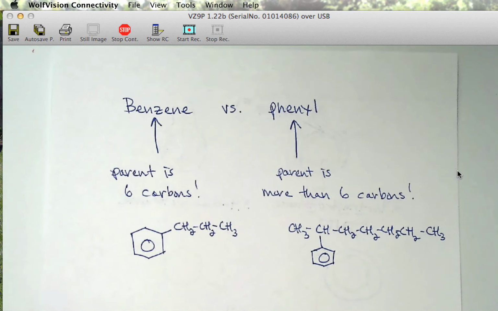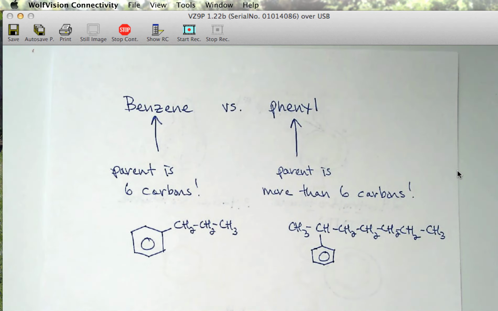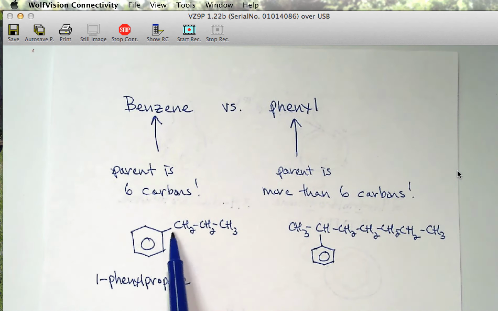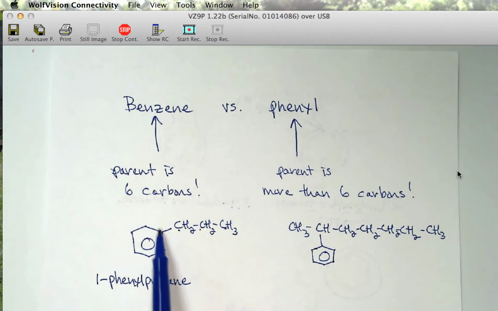So sometimes students get confused about benzene versus phenyl. And they'll say, shouldn't this be 1-phenylpropane? No. This is 3 carbons. This is 6 carbons. 6 carbons wins.